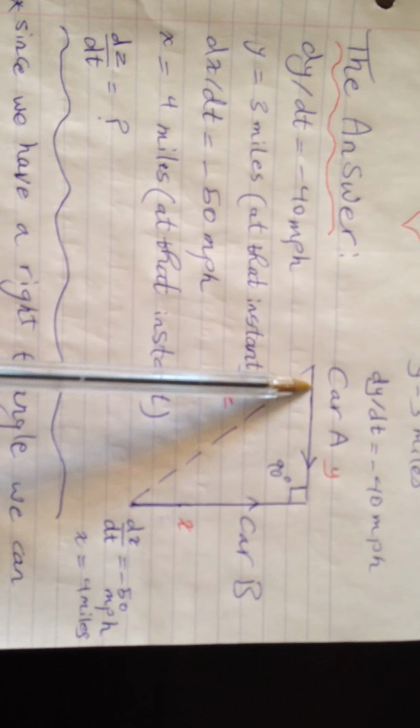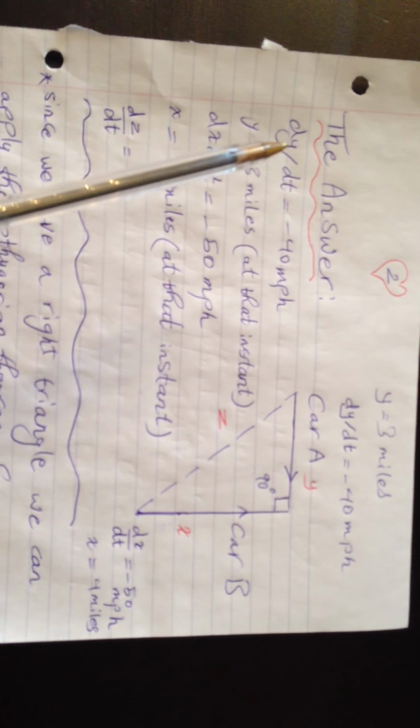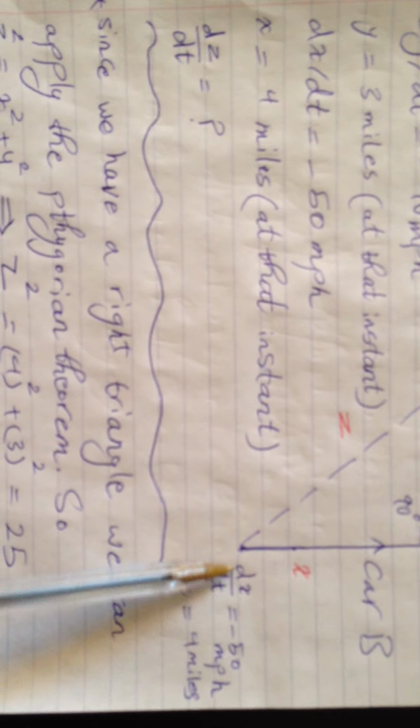Why? Because this side of the triangle is decreasing. We are also given the speed of car B, which is the rate of change, dx over dt equals negative 50 miles per hour.